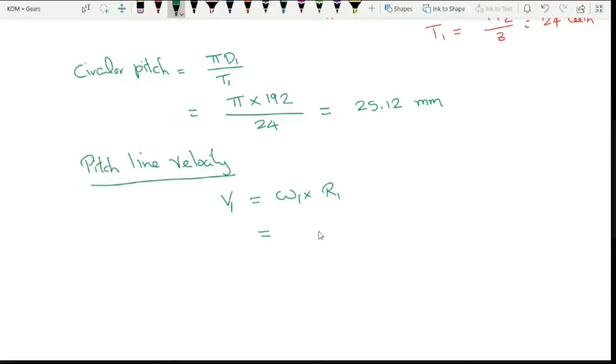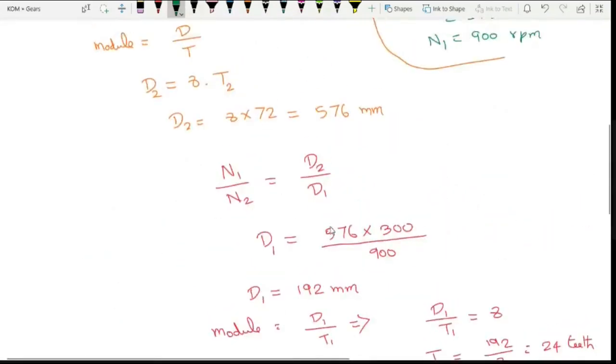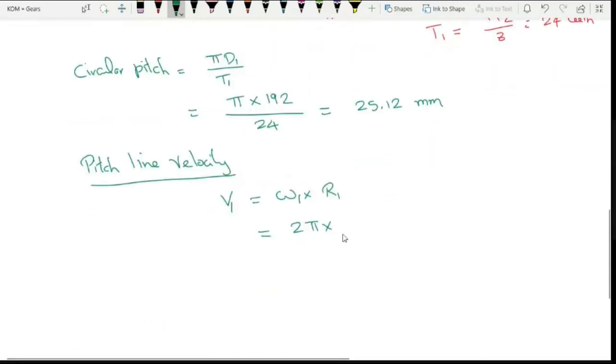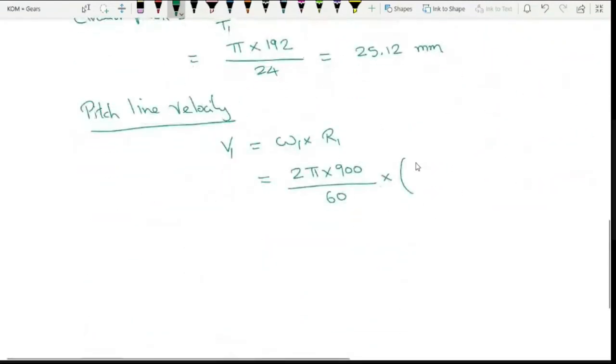Omega 1 is 2 pi N by 60, where N is N1, which is 900, so 900 divided by 60, into R. R is diameter divided by 2, so D1 is 192 by 2.